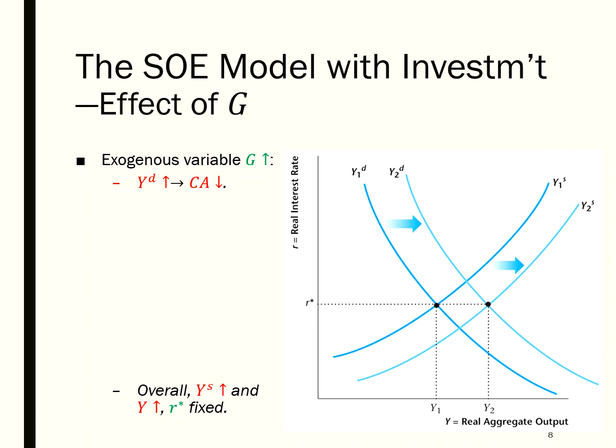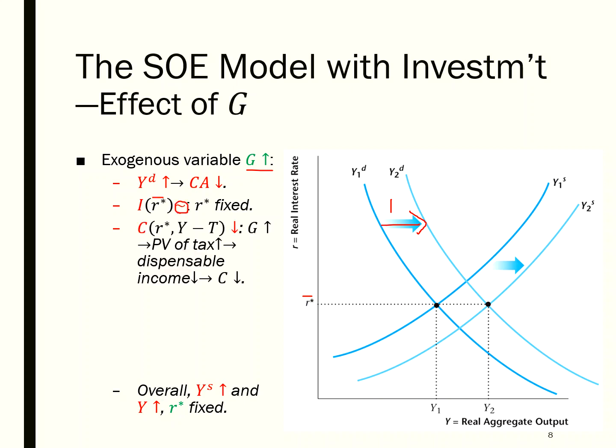If the interest rate is fixed, then the investment will not change. But when G increases, the taxation has to increase to finance this extra expenditure. That means the disposable income Y minus T will drop, so consumption will drop as a result.